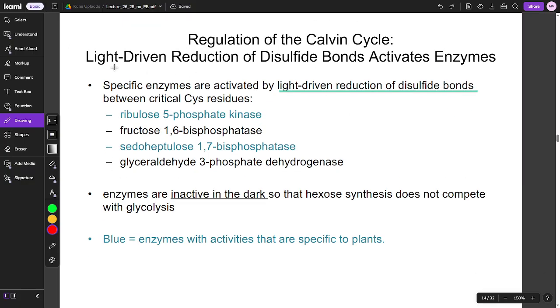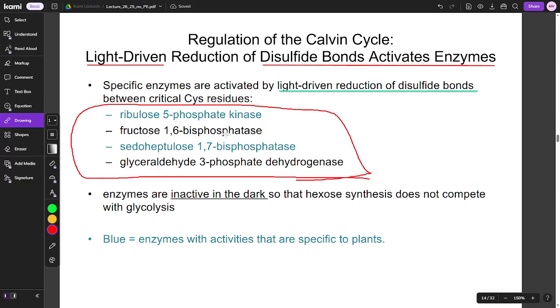Regulation of the Calvin cycle. So it's basically a light-driven reduction of these disulfide bonds that causes the activation of the enzymes. So the light leads to a reduction, which leads to activation of enzymes. And the enzymes that are activated by light are these guys. You can see that these 3 here are in the carbon shuffle, and the glyceraldehyde 3-phosphate dehydrogenase is just within the Calvin cycle itself, in that secondary phase.